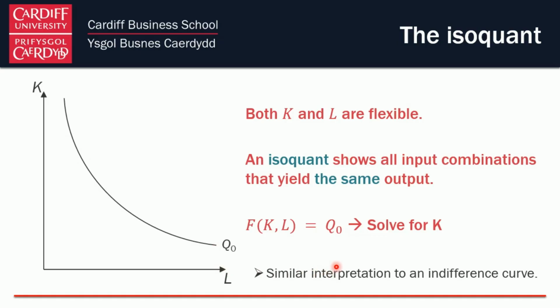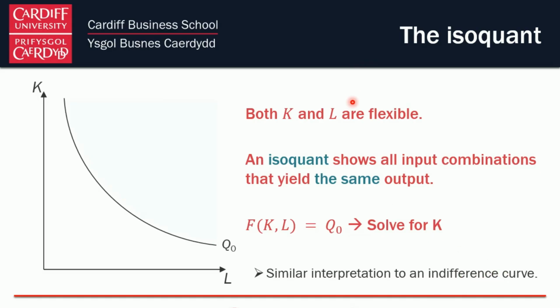And the way to get this curve is you set the production function f of K, L equal to some Q0. You can pick what Q0 is, that is up to you. And then you solve for K, because K is on the vertical axis, and then you just plot it. This curve has roughly the same interpretation as the indifference curve that we had seen initially.